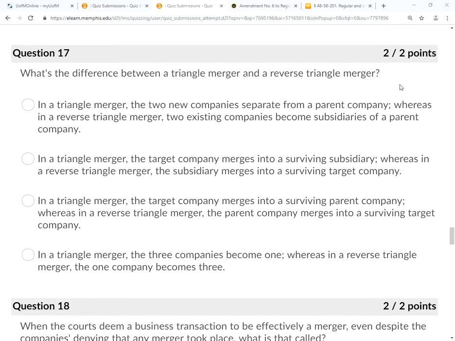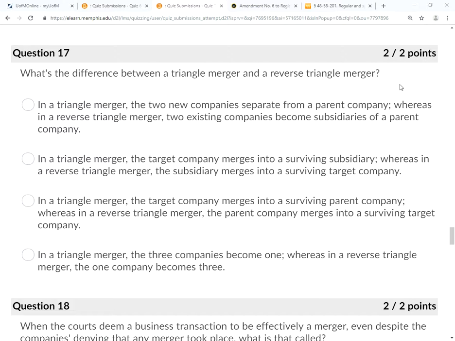The third one down, in a triangle merger, the target company merges into a surviving parent company. We don't see that from the definition, so that wouldn't be possible. Whereas in a reverse triangle merger, the parent company merges into a surviving target company. We also don't see that in a reverse triangle merger in the definition as well.